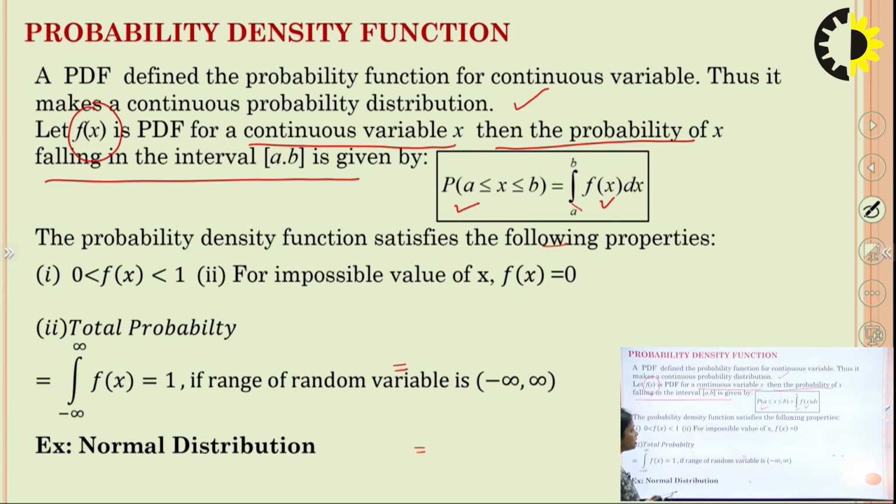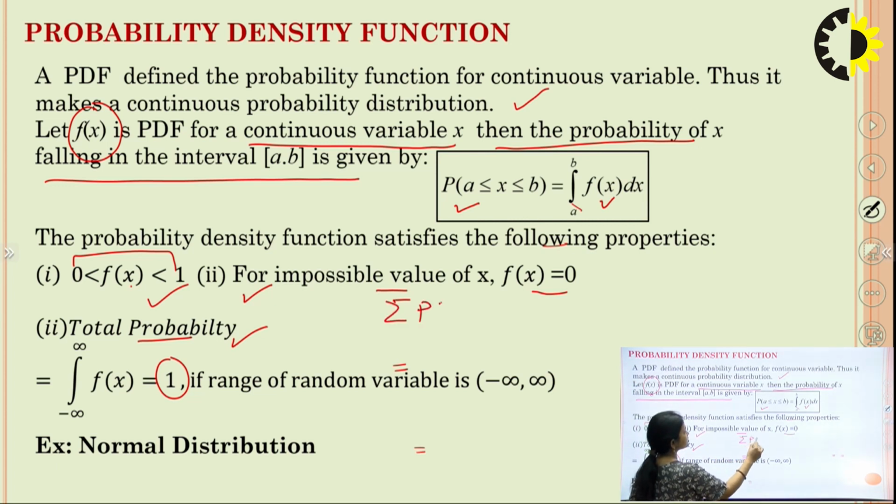Okay. Now again, like any probability distribution, this probability density function will also satisfy these three properties. The first one: any probability for any value of the random variable will lie in the interval 0 and 1. For any impossible value of x, probability will be 0, and total probability will be 1. Now you know the total probability was given by the summation of p(xi), with i going from 1 to n say, and it was equal to 1.